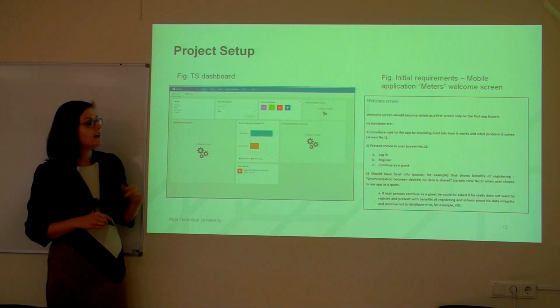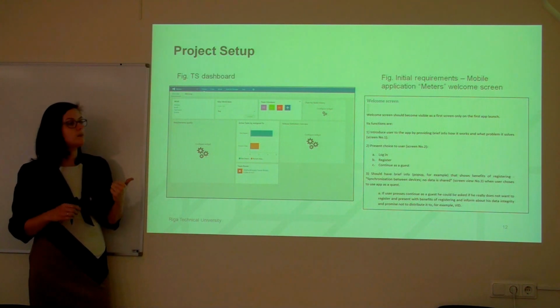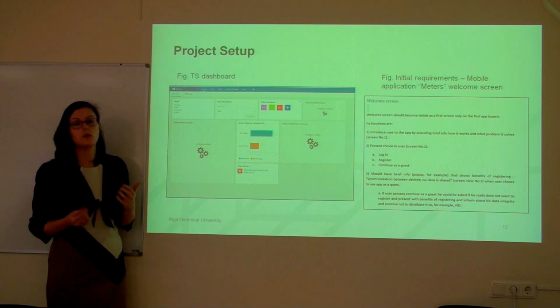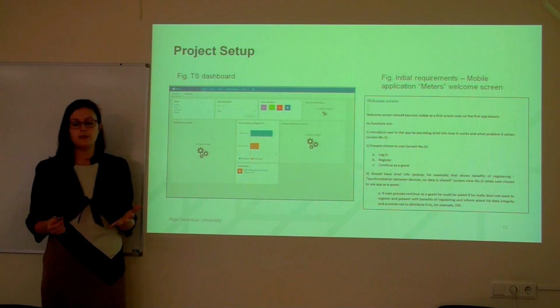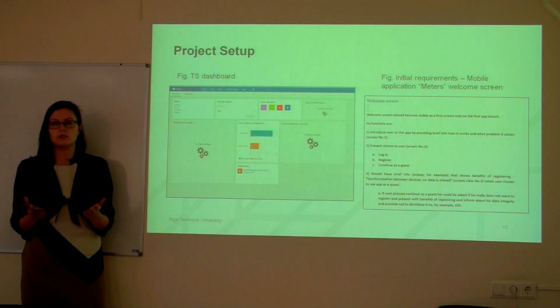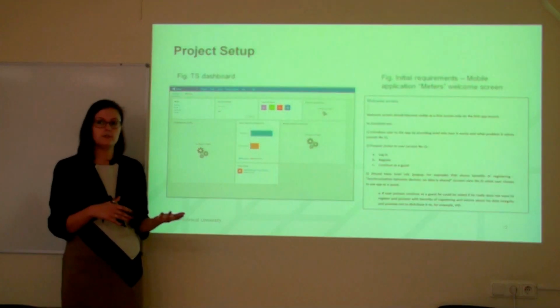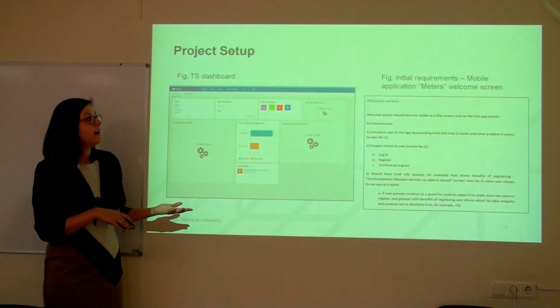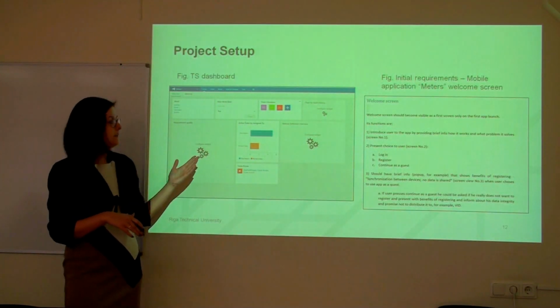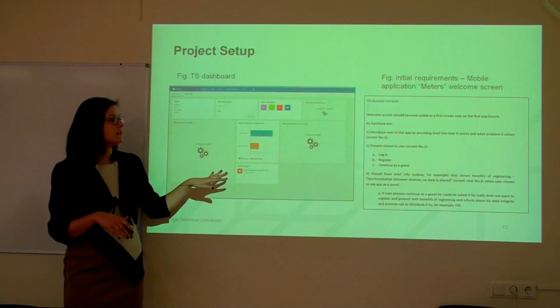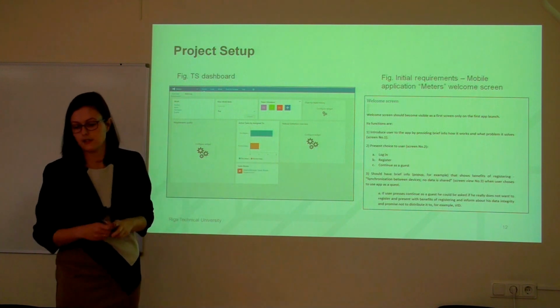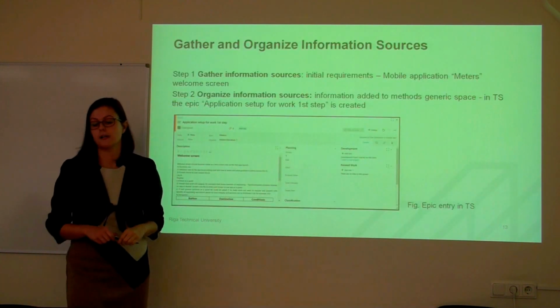And another element which I needed is initial requirements. I need requirements on my hands so to start the work. So I have this from the project side, and I have these elements. I started the project in team services. I have these requirements, so we can proceed with step 1.